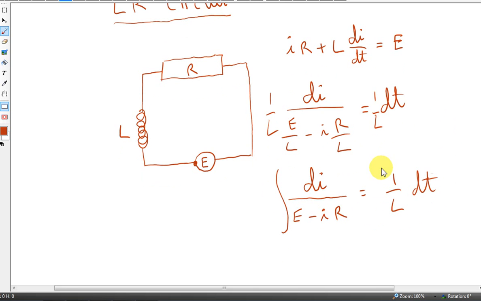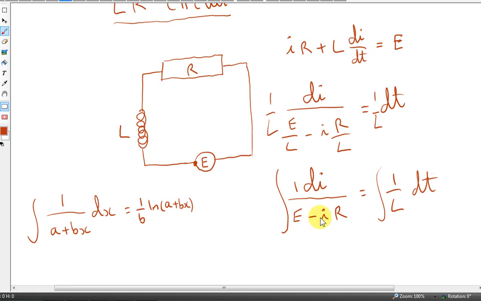Now we can integrate both sides. We can use this result here to perform this integral. We can see that this has the form 1 over a constant plus a coefficient times our independent variable.